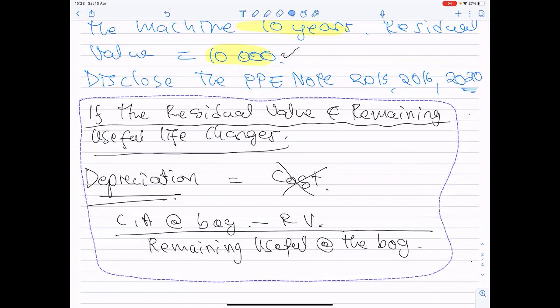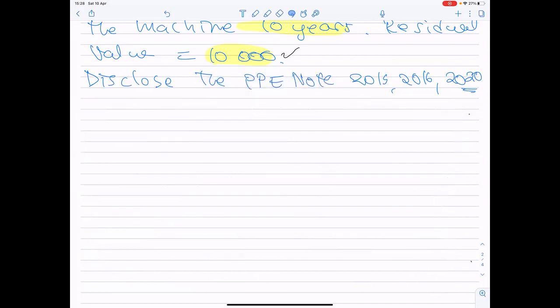All right, so when the residual value and the useful life changes, we are going to calculate our depreciation in the current year based on the carrying amount and the remaining useful life of the asset. We agree.